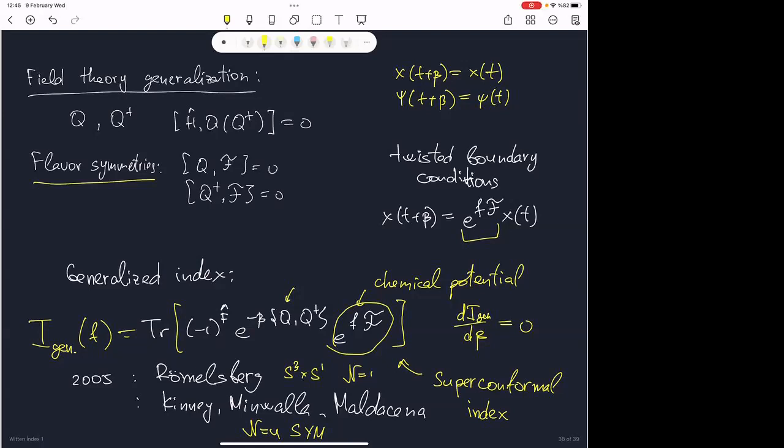At least some features of these computations we can translate to theories without supersymmetry. Right now it's hard to say why we study this if there's no supersymmetry. From the particle physics point of view, it's maybe not so interesting in some sense.